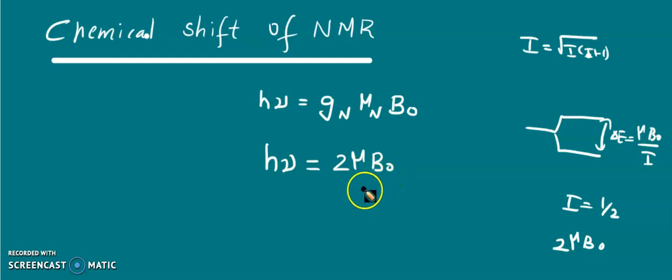In either condition the resonance will not be the same for all the protons. The resonance depends on the chemical environment or the chemical surrounding of the proton, and the shift associated with this is generally called the chemical shift.